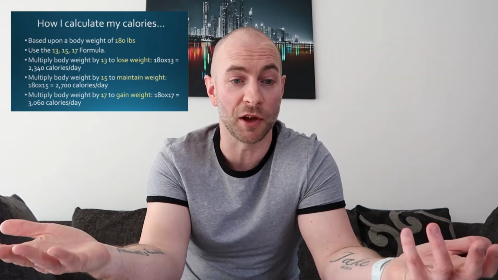So what you generally do to start out is take your body weight in pounds and multiply it by 13, 15 or 17, depending on your preference, and that will give you how many calories a day you should be aiming for, which is the start of the process.